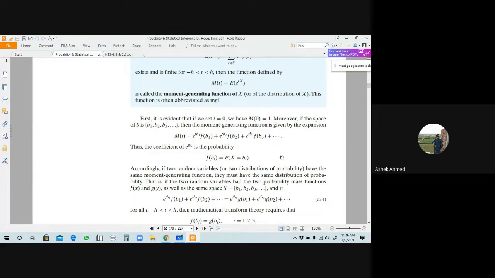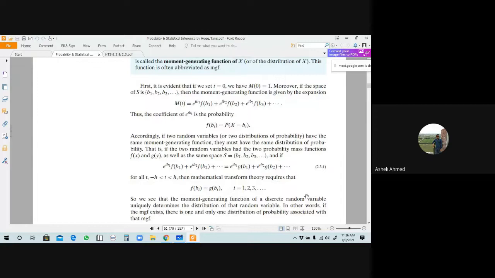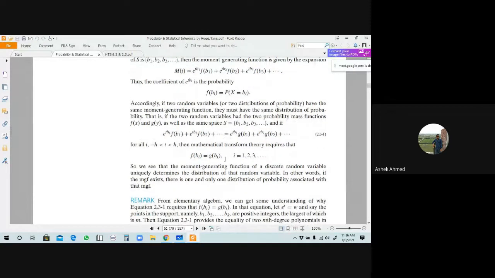And from here, tell me the values of f of bi. Now from here we can determine the probability mass function. This is f of bi equals the probability of x equals bi here. So this is our concept.